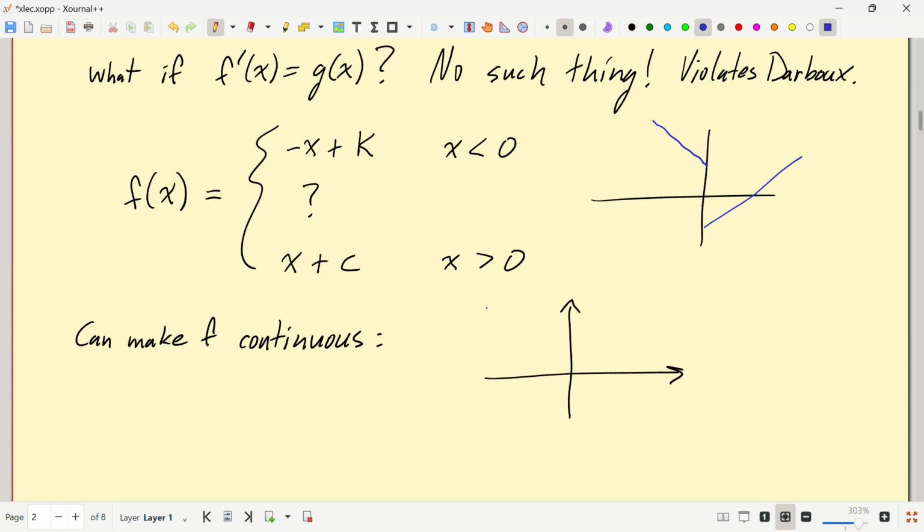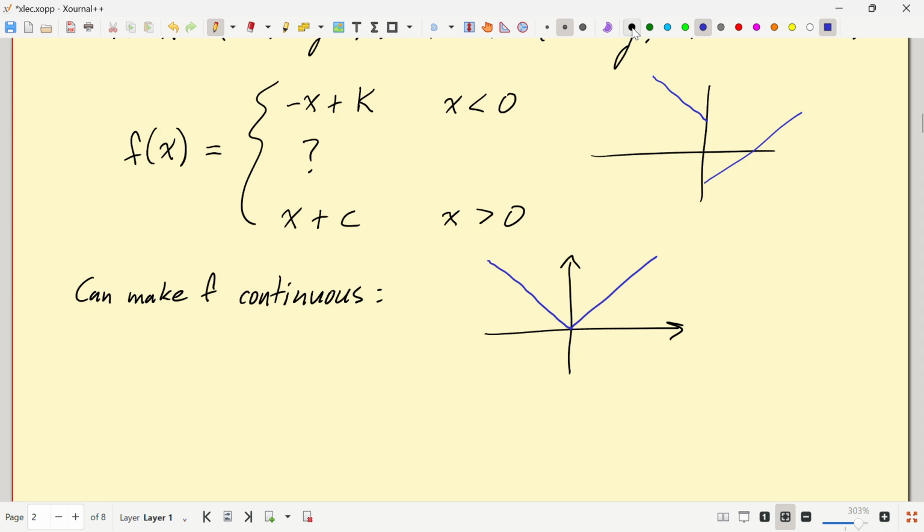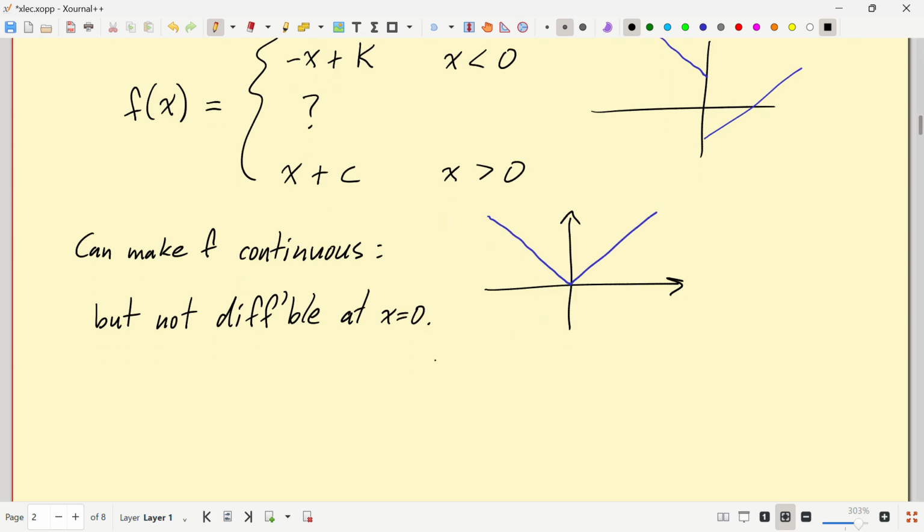How about a spot 0 would be nice. But I certainly can't make that thing differentiable at the origin. So I can make it continuous, but not differentiable, at x equals 0.